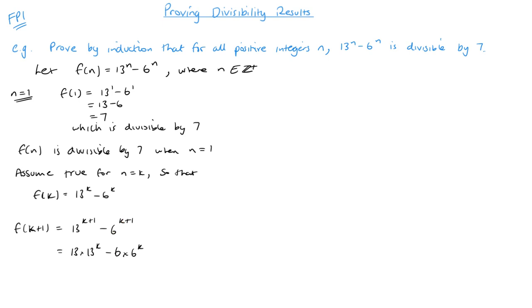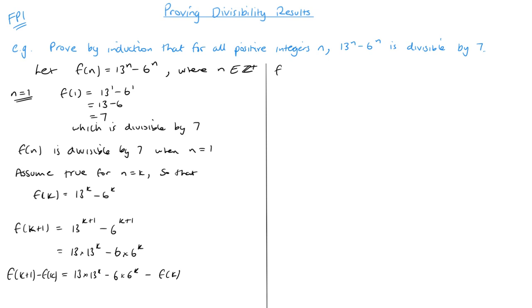Okay, now what I want to do is take away f of k. I'll write it down here, but we're going to do f of k plus 1 minus f of k. Okay, and then we've got 13 times 13 to the k minus 6 times 6 to the k minus f of k.